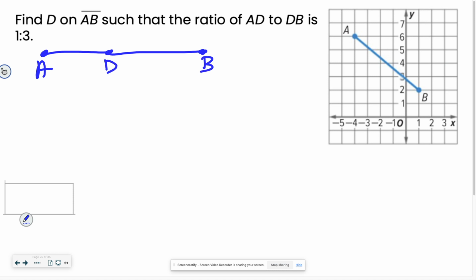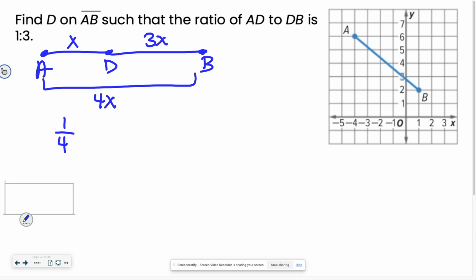Okay, so we want D to be on this segment so that AD to DB is 1 to 3. So 1x to 3x, for a total of 4x. So D is a fourth of the way down our segment. Are you guys using a fourth? Yeah. So now, this is how far we are x from each other.